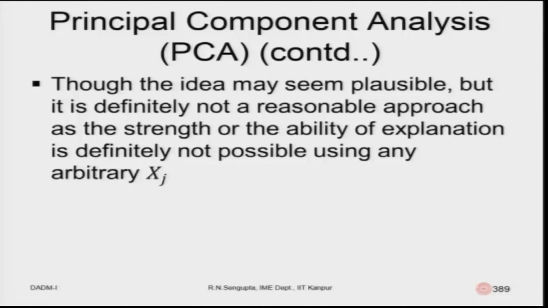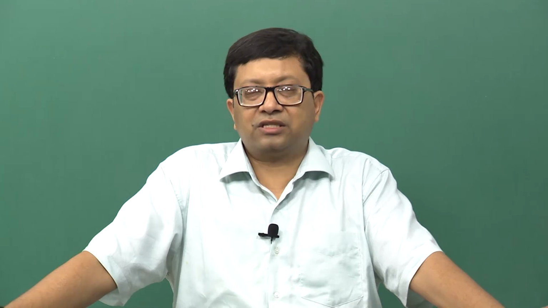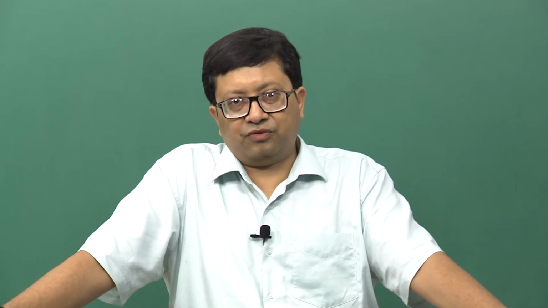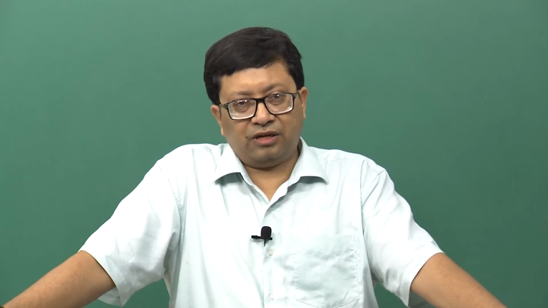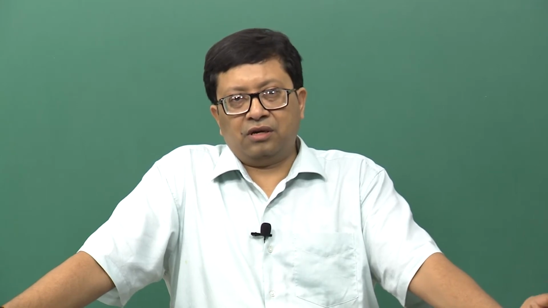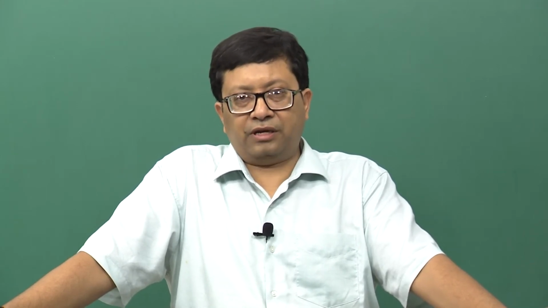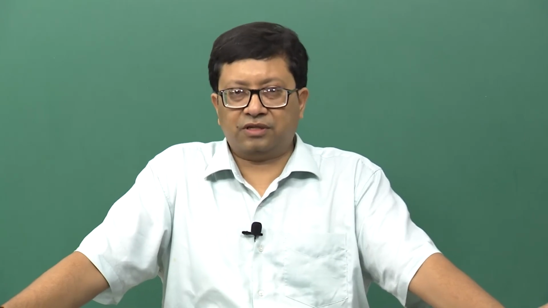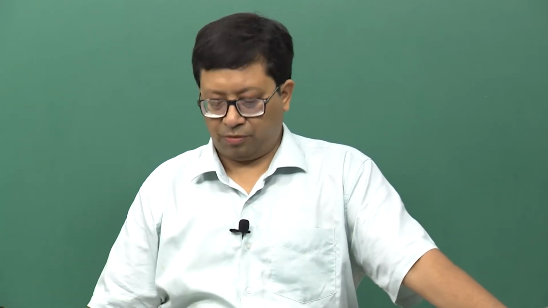Though the idea may seem plausible, it is not a reasonable approach, as the explanatory ability is not possible using an arbitrary xj. Arbitrarily picking any xj may not give us the best starting point to find the maximum variability in the minimum number of variables. So, that may not be possible.